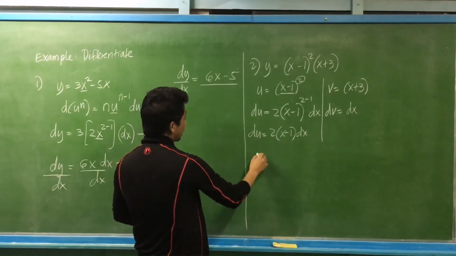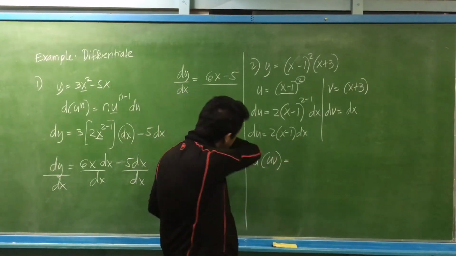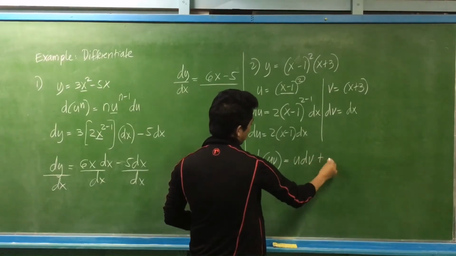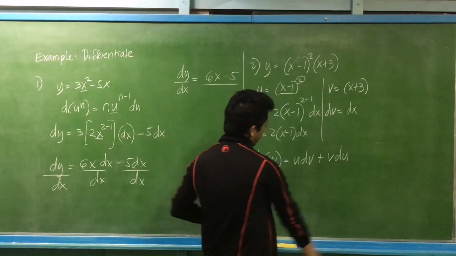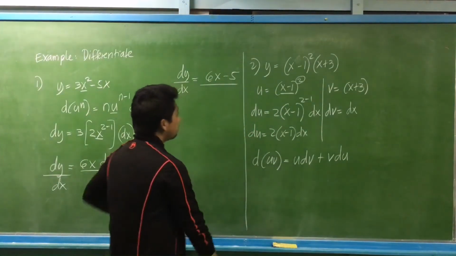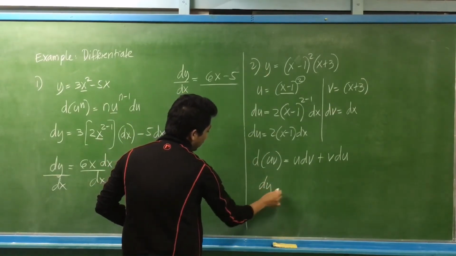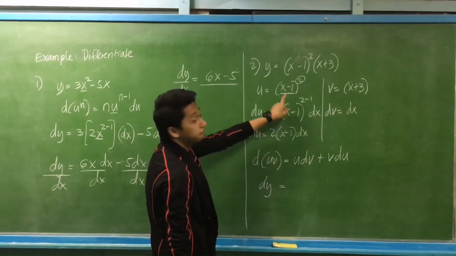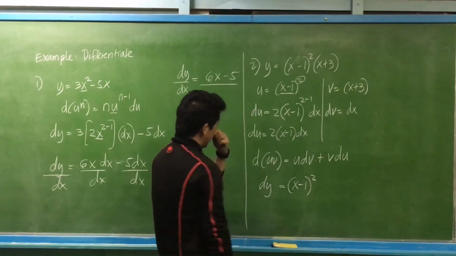Now if we are to apply, we have the derivative of uv is the same as your first term u, derivative of the second term dv, plus the second term v, derivative of the first term. So that is u dv plus v du. So we have derivative of y, this is now dy is equal to, what is our first term? u. Our first term is x minus 1 squared.